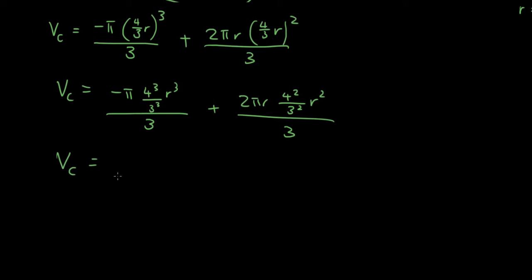So we got negative pi times, let's put all the numbers at the front, because I'm getting a bit confused. So negative 4 cubed over 3 cubed, pi r cubed, but we have divided by 3, so times 3 at the bottom. So really that's 3 to the power of 4 at the bottom.